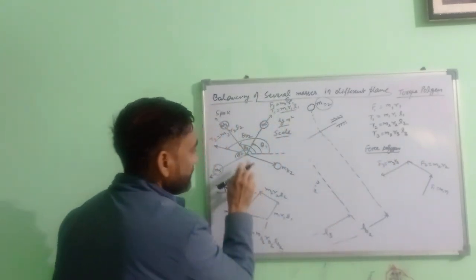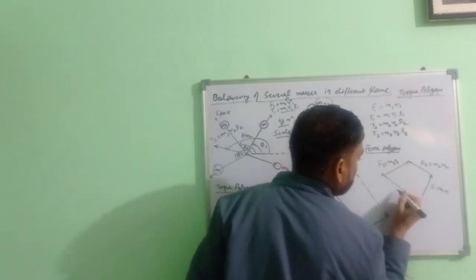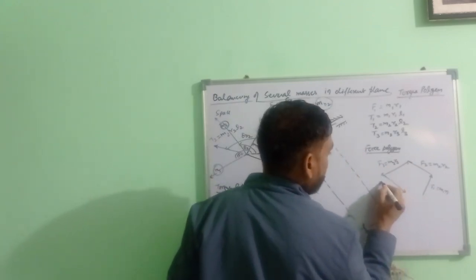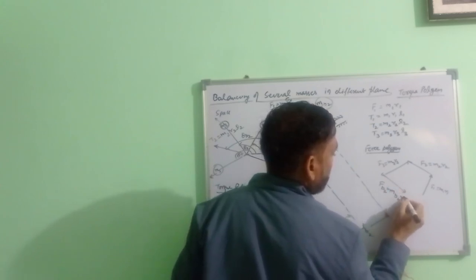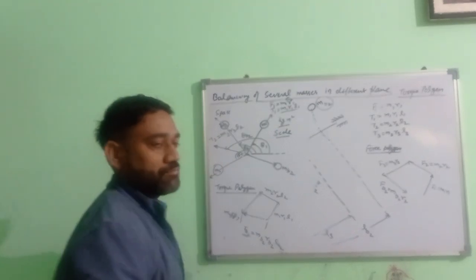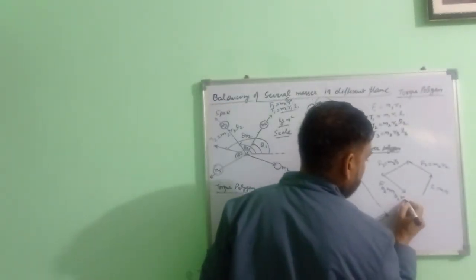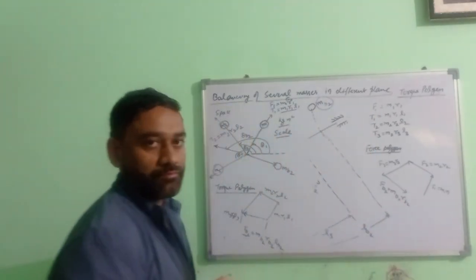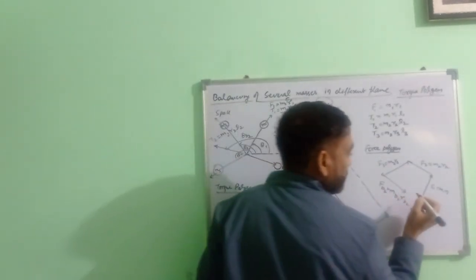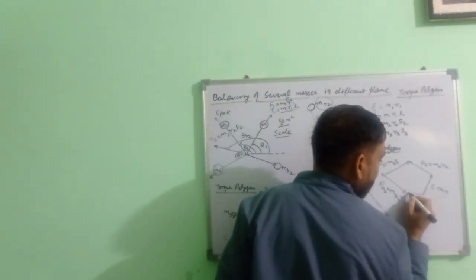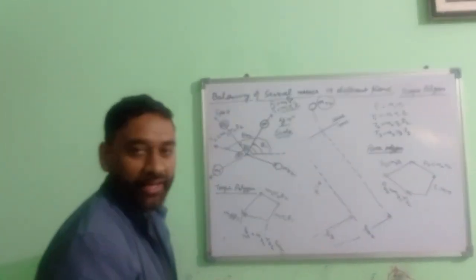Okay, and then another force we draw here, and this is FB2, equal to MB2 into RB2. So this is the resultant of these forces F1, F2, F3 and FB2.